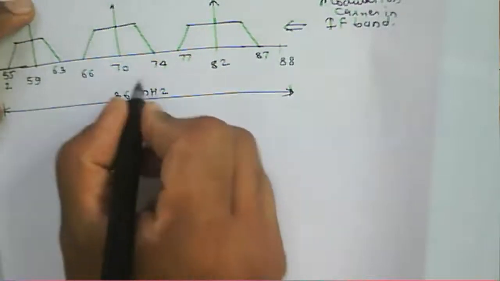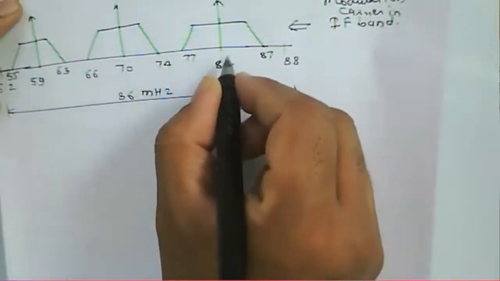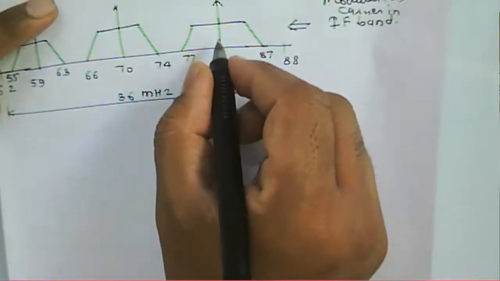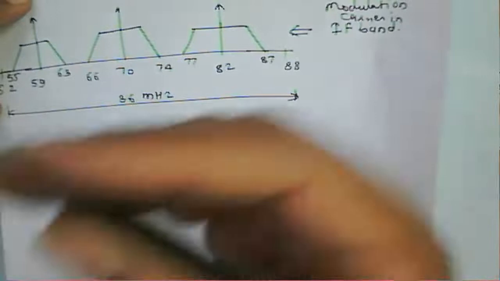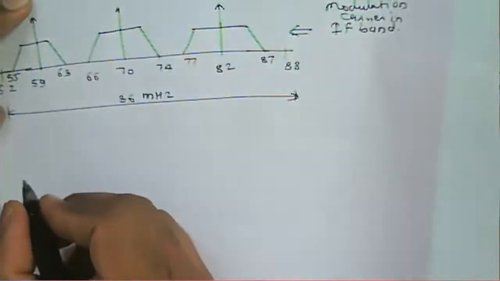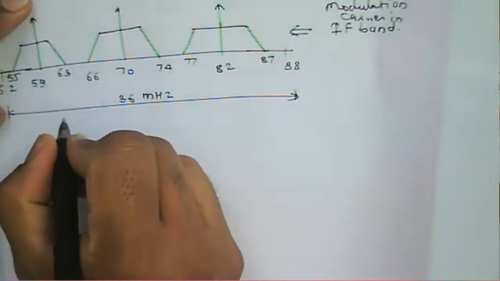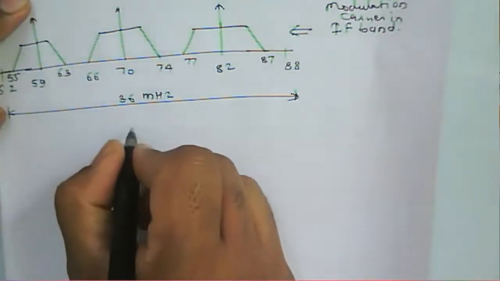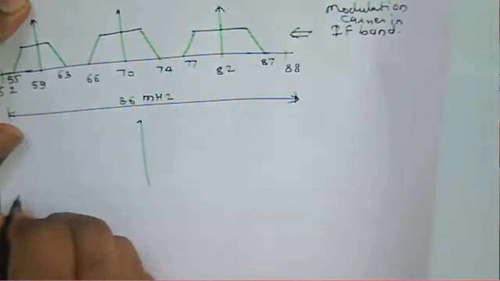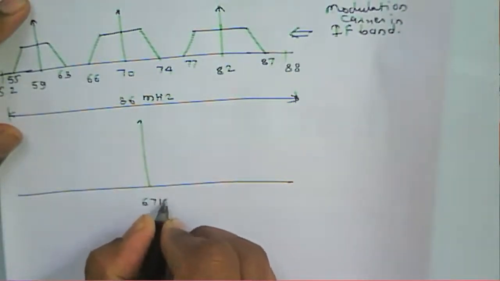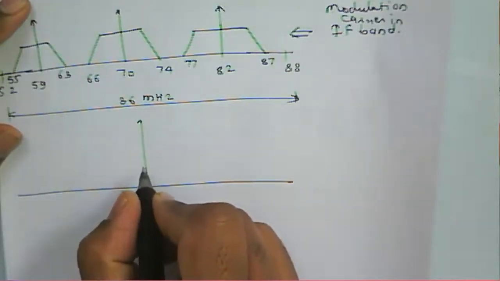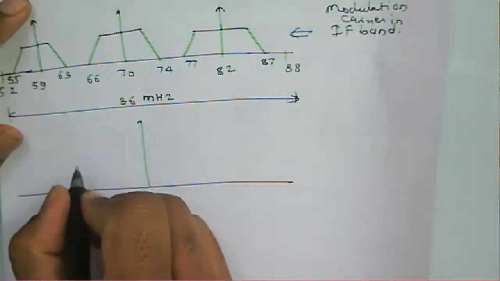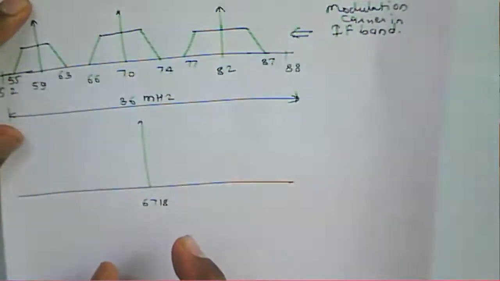We raise the 59, 70 or 82 megahertz, which is the center frequency of that particular modulated carrier, to uplink, or upconvert, the signal. Suppose the up frequency for this is 6718. In that case, we have the same bandwidth of 36 megahertz.